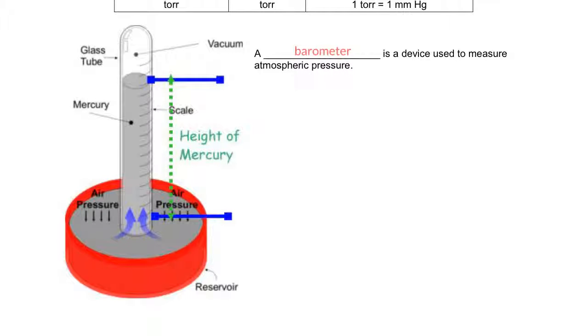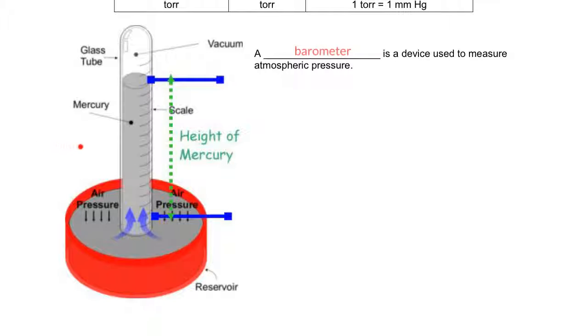If you've ever heard of a barometer, that's a device that measures air pressure, or atmospheric pressure, the pressure of the air particles in the room or outside, whatever. And the way it works is there's basically a dish full of mercury, with a tube attached to it.